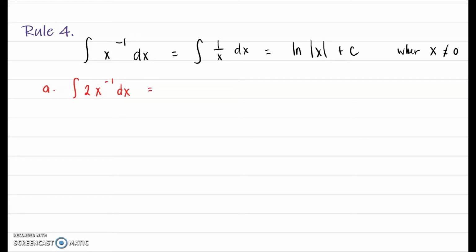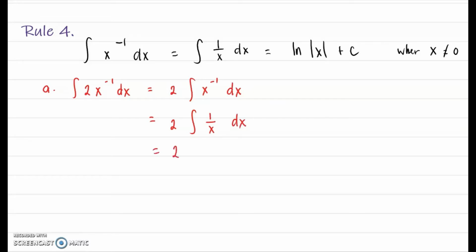Following property 1, we can rewrite this as 2 times the integral of x raised to negative 1 with respect to x. The integral of x raised to negative 1 is just equal to 1 over x with respect to x.